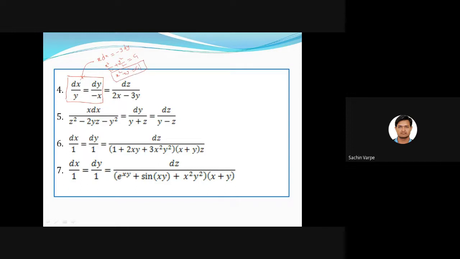Is this clear? Now, for the second solution, I cannot use the method of grouping because it is not possible to eliminate. And even the first solution also, I cannot substitute. So better if I use the method of multiplier to get the second solution. So what should be the multiplier?